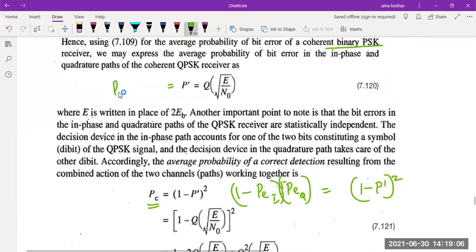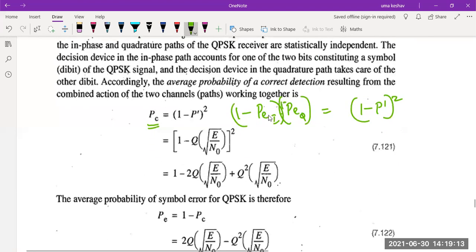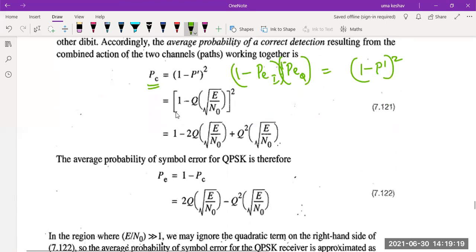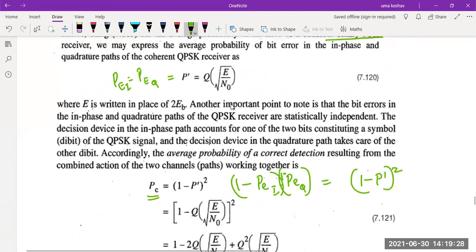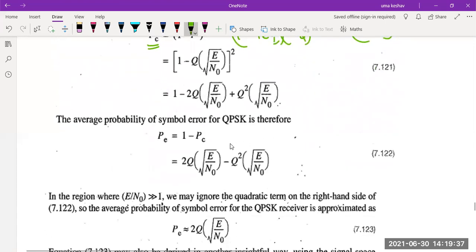This P dash represents both PEI as well as PEQ. Since both are equal, 1 minus each of them will be the probability of correct detection. So I have 1 minus the Q of, what was the value of P dash? Q of root E by N naught. So we substitute this, and once we expand it in the form A minus B the whole square, it will result in this.